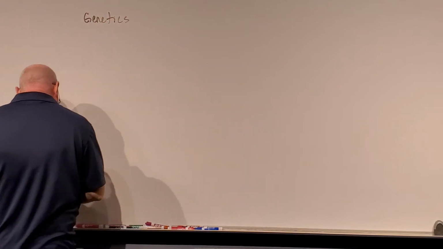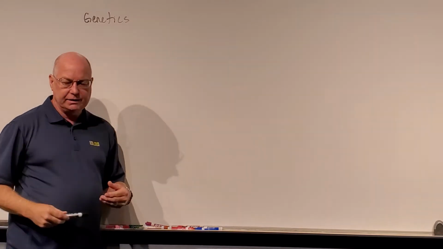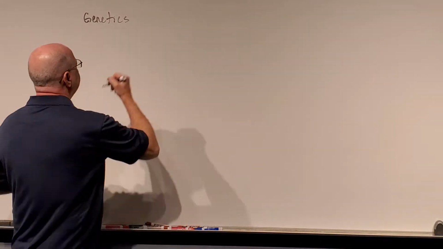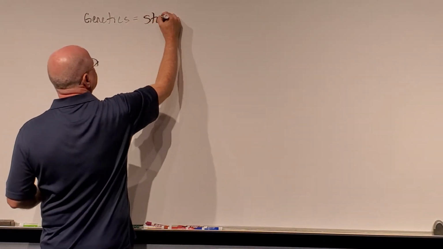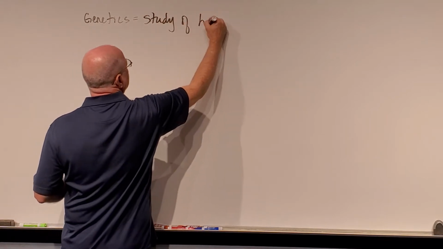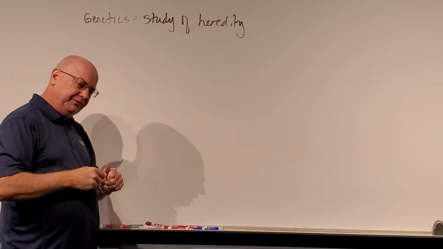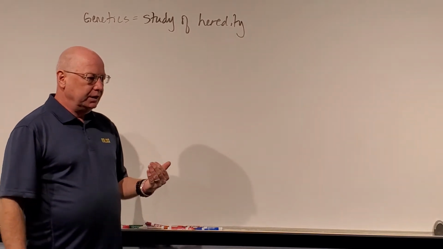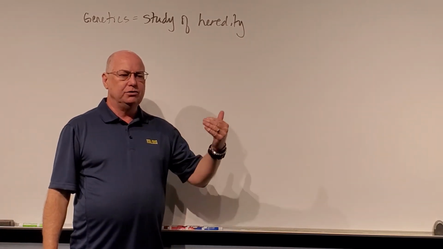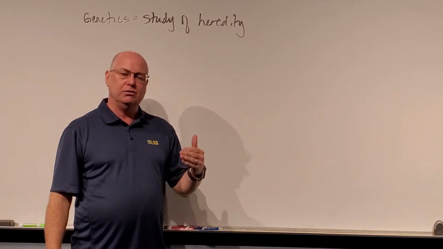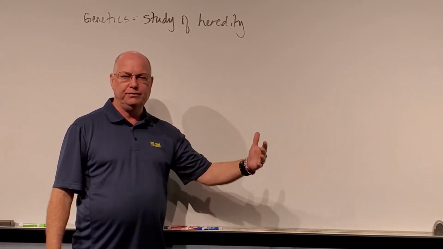So genetics itself is often defined as the study of heredity. And that's really a very broad definition, but heredity is talking about those inherited characteristics that one generation receives from the previous generation.